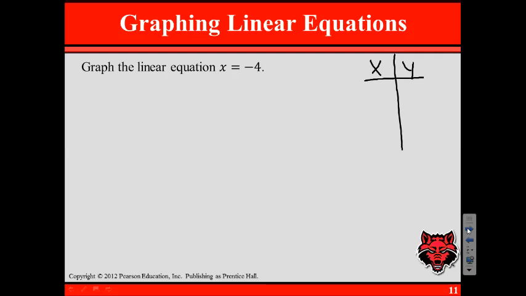The equation says x equals -4. This means that the x-coordinate will equal -4 every single time. So for every point, the x-coordinate will be -4. Now, because there is no y variable in the equation, y can be any real number.